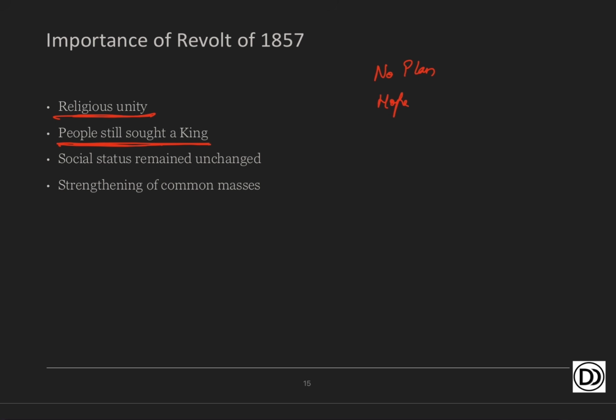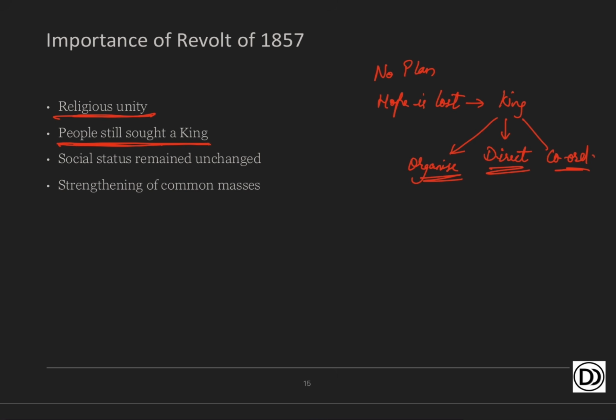The hope is lost because they hoped that there would be a king who would direct, coordinate, and organize everything for a war to be fought.